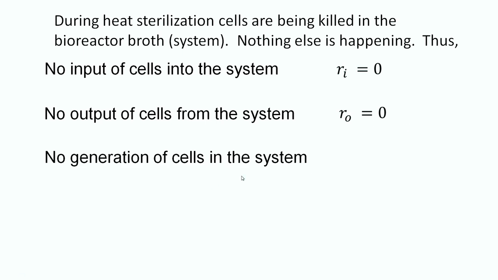There is no generation of cells in the system, or let us assume that. Therefore, the rate of generation of cells is 0, and therefore, the only term that remains from R I minus R O plus R G minus R C is minus R C, the rate of consumption of cells R C, which is equal to d/dt, the rate at which mass of cells gets accumulated in the system.